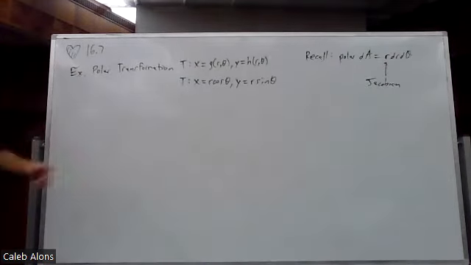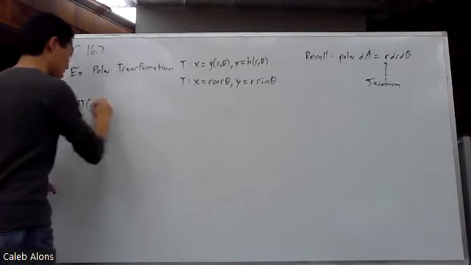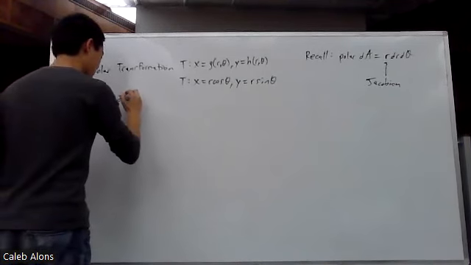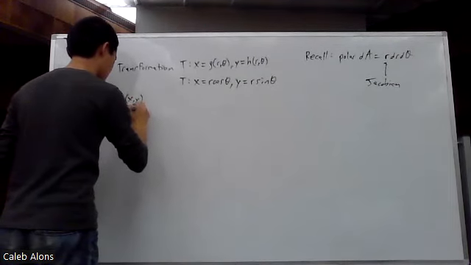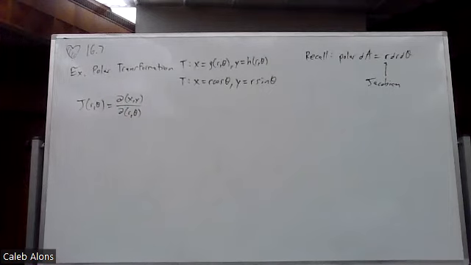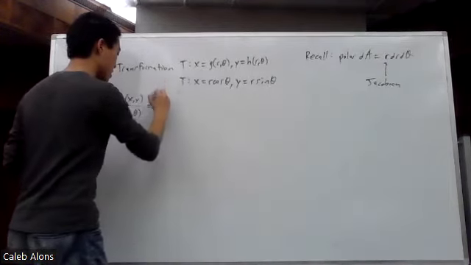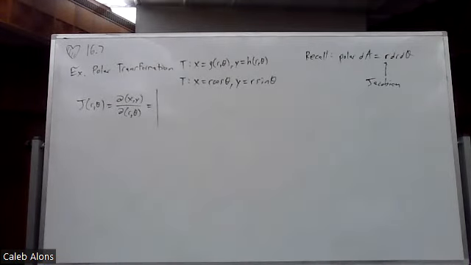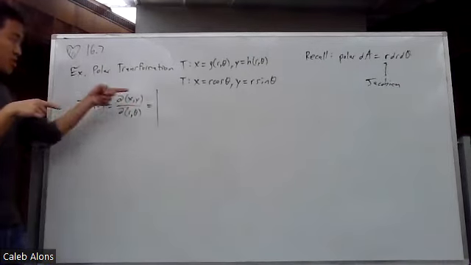So we can find the Jacobian from the formula. The Jacobian of (x, y) with respect to (r, theta) is the determinant with partial derivatives. I personally enjoy using the subscript notation here just because it's way less cluttered, makes it easier to think. So again, the top of these are the rows.